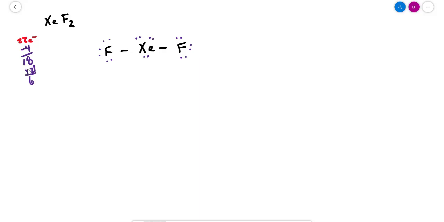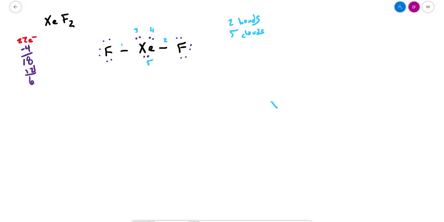So let's count up how many bonds and how many charge clouds. We've got 2 bonds, and we've got 1, 2, 3, 4, 5 clouds associated with this. So 5 clouds.